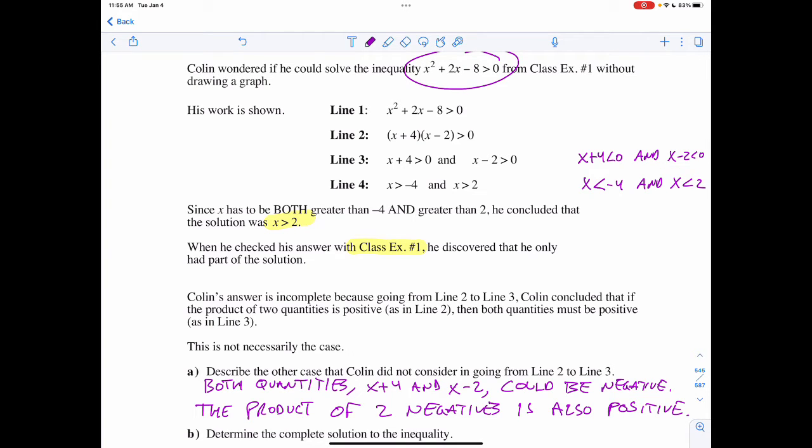And if it's both less than negative 4 and less than 2, then x would be less than negative 4. And that solution region would cover both the possibilities as well.